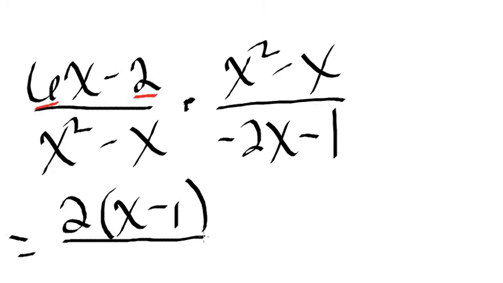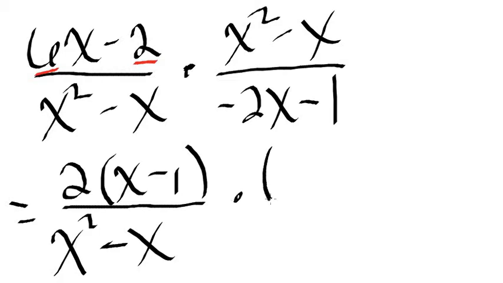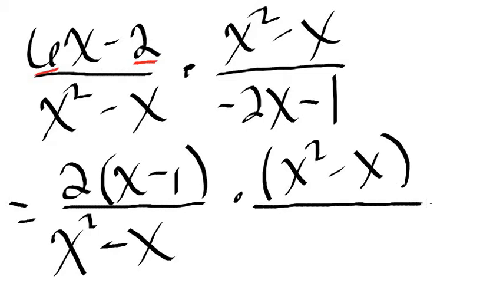Over x squared minus x times, let's put in parentheses here, x squared minus x over negative 2x minus 1.